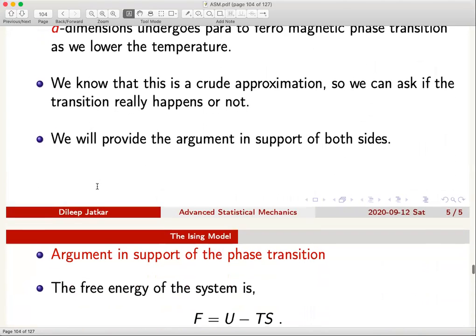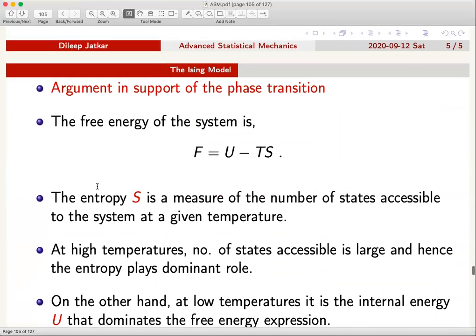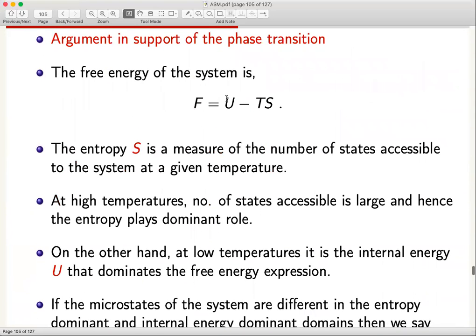So we will first argue in support of phase transition, and we had gone through this argument partly. What we said was that you can write down the free energy as U minus TS, internal energy minus the entropy piece. Of course, the entropy of the system depends upon how many eigenstates or microstates are accessible to the system, so depending on the temperature, the entropy contribution would change.